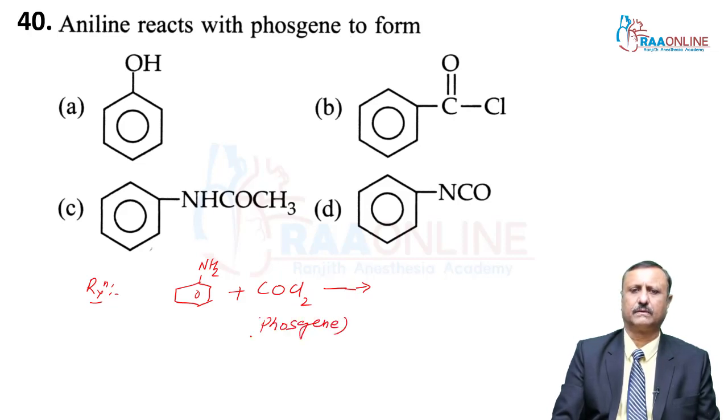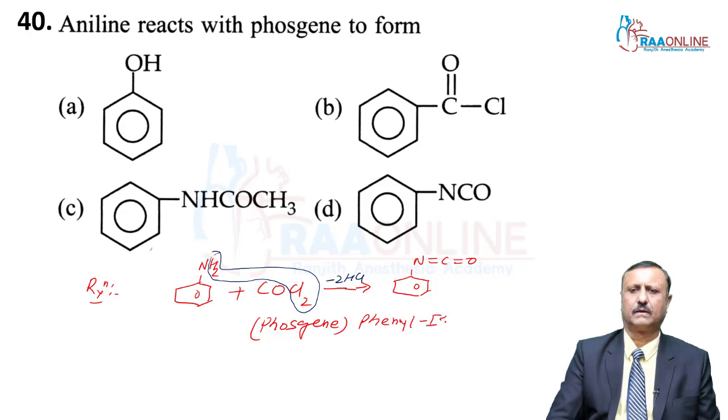When this aniline reacts with phosgene, the two hydrogens are removed along with Cl, and you get C6H5, N double bond C double bond O. This compound is called phenyl isocyanate. So the answer is D. D is the correct answer.